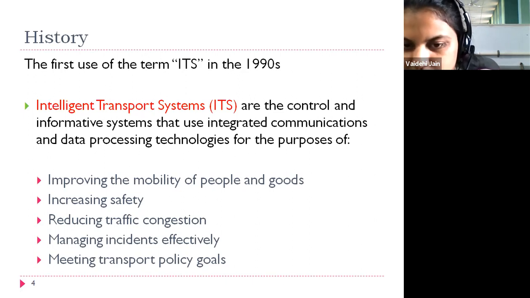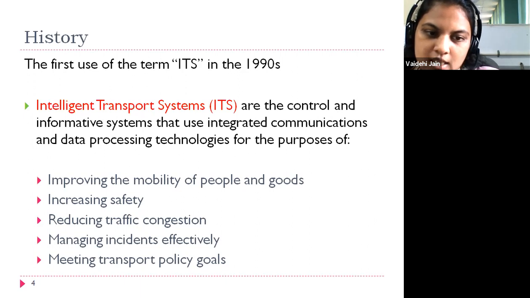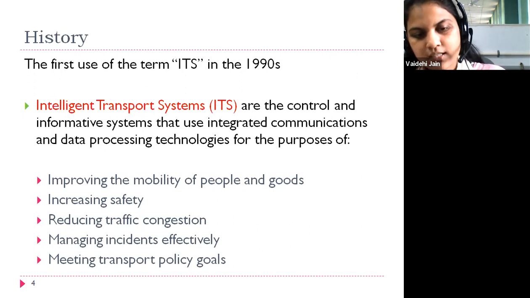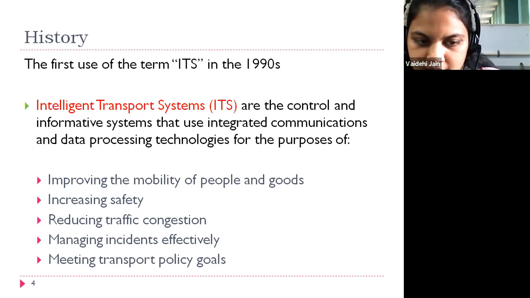For the smooth movement of people or goods, it is very much required that we change with time. Then the second is increasing safety. Obviously, if you are going on a roadway, safety is our concern. So for increasing safety, again with time we need to update.